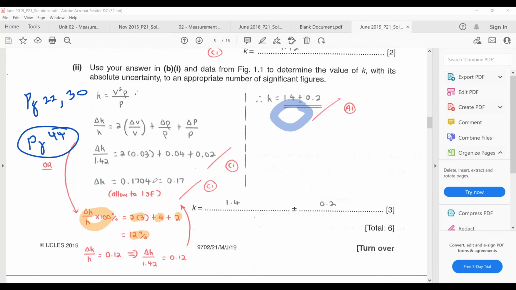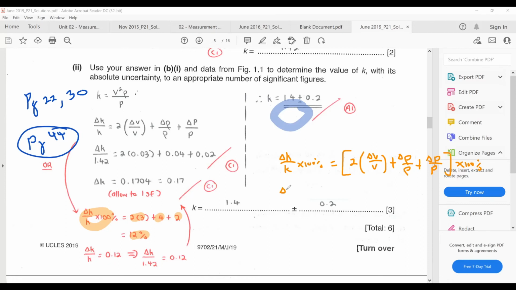Like the ones that you just did, you are probably doing it like this: delta K over K times 100% equals 2 times delta V over V plus delta rho over rho plus delta P over P, times 100%.